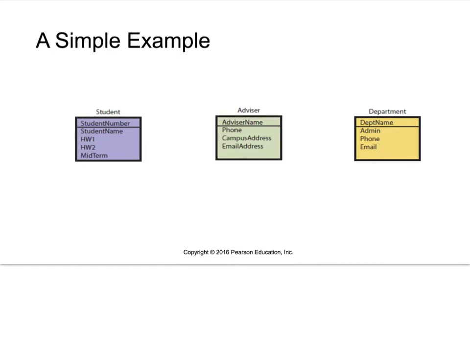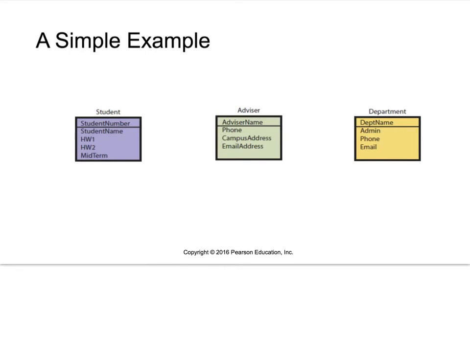And the first element in each entity, student number for student, advisor name for advisor, and department name for department, are the unique identifiers for each entity. That means you can identify a specific relevant record within each entity based on the unique identifier. For example, if I want to look up a specific student in the student entity, I will look up that student by their student number.